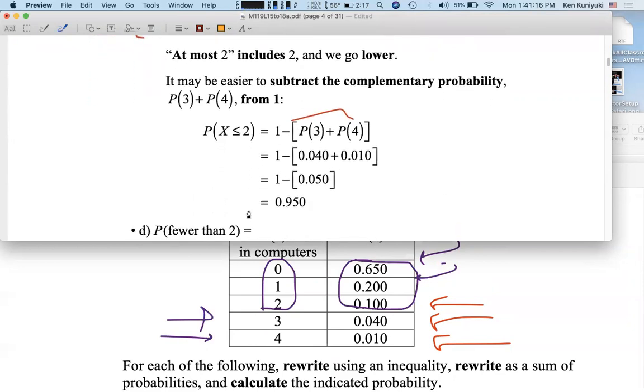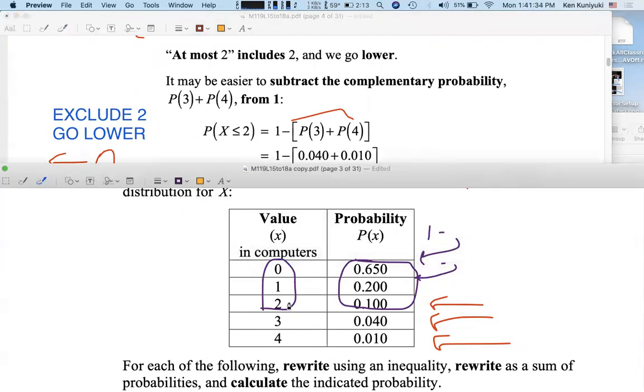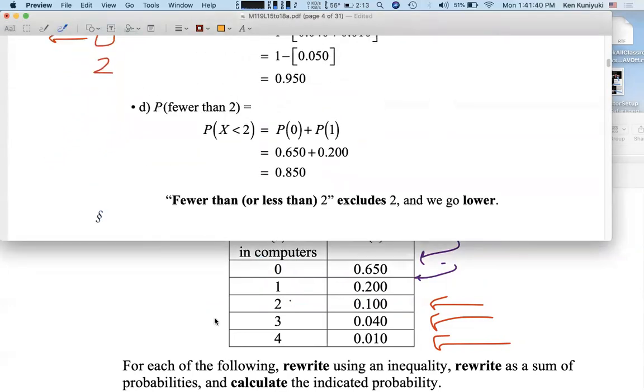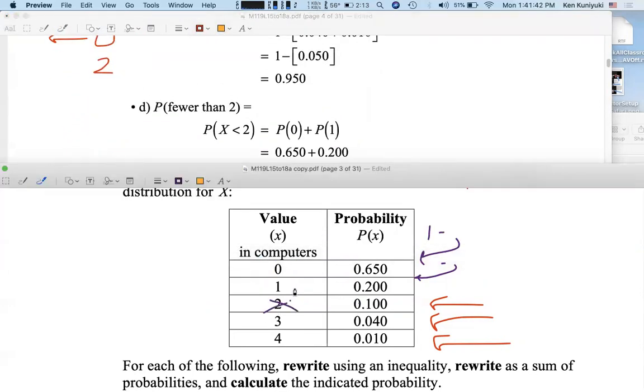All right. The probability of fewer than 2. We exclude 2, so I might put an open circle here. We exclude 2, and we go lower. We move towards lesser numbers. So for fewer than 2, we don't want 2 itself, but we want X equals 1, also X equals 0.